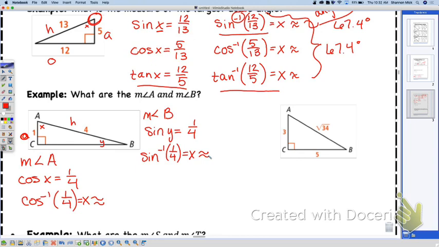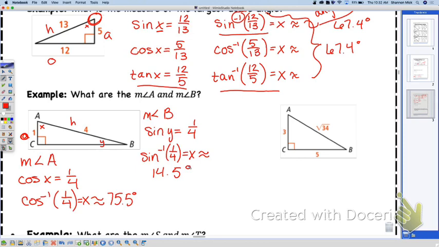Okay, so always round to the nearest tenth, I think is what they ask you, but read your directions. I got 75.5 for A, and I got 14.5 for B. Did you guys agree?